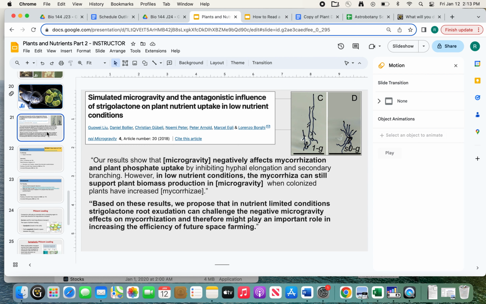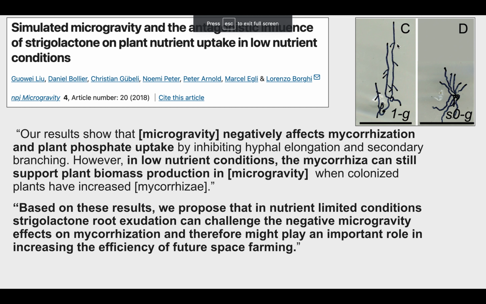But I'm going to skip to my last slide and talk about some research that has been done on mycorrhizae and how well they might fare in microgravity conditions. It's been found that microgravity negatively affects mycorrhizae, and because of that, it lowers the amount of plant phosphate uptake.